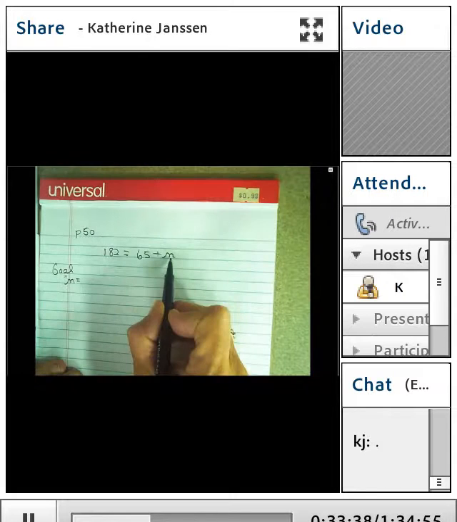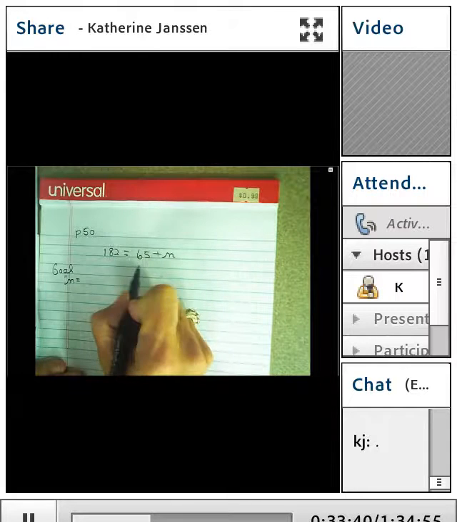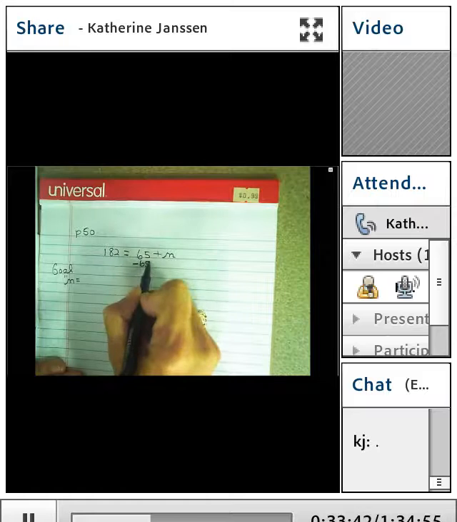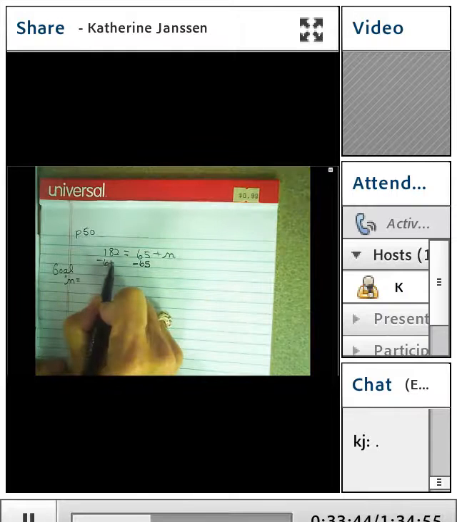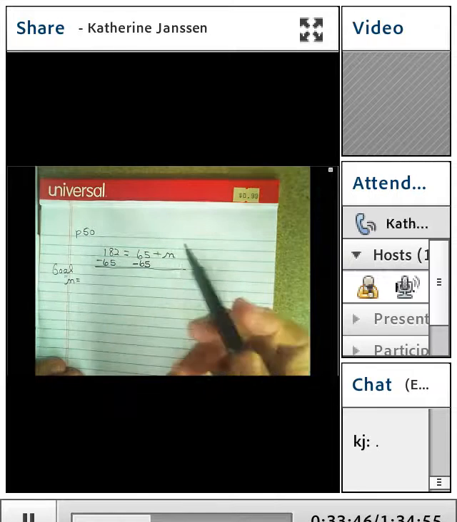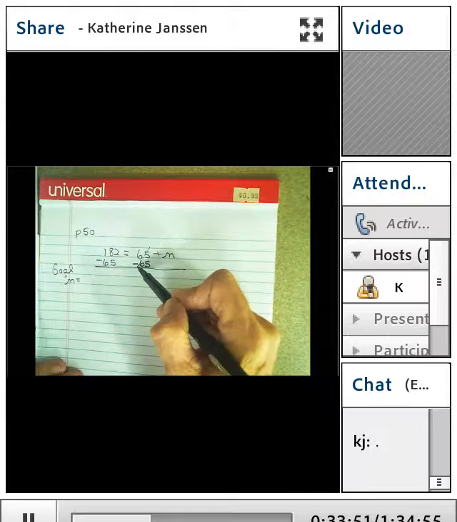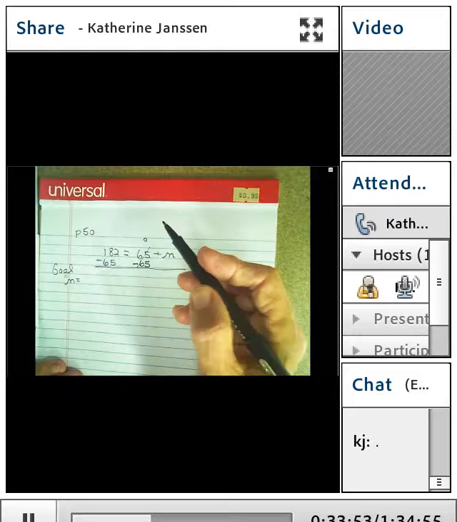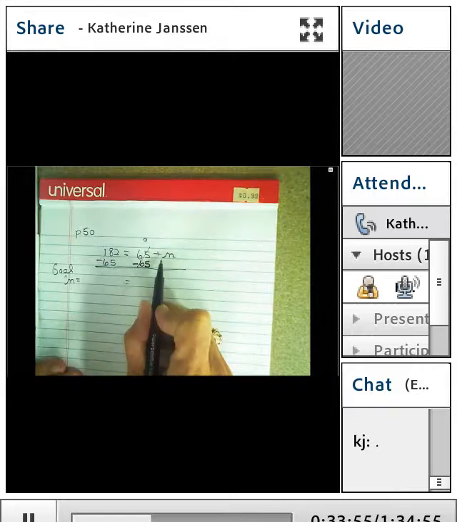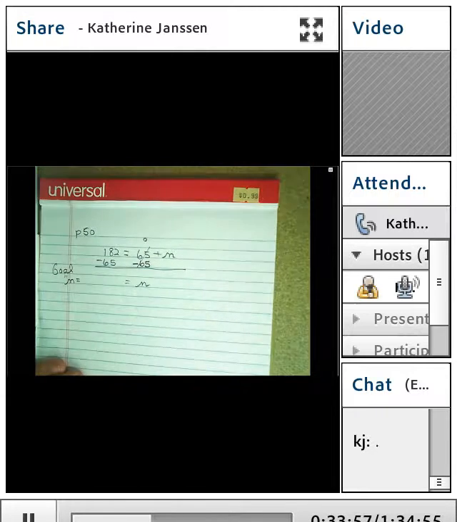Now I have n plus a little bit. If I subtract 65 from both sides of the equation to keep my pendulum balanced, I'm subtracting 65 from 65, which is 0. And that equals 0 plus n is n. So I'm getting close. I have n equals on one side of the equation.